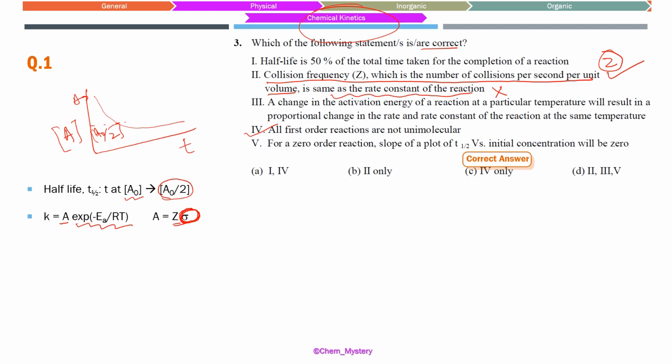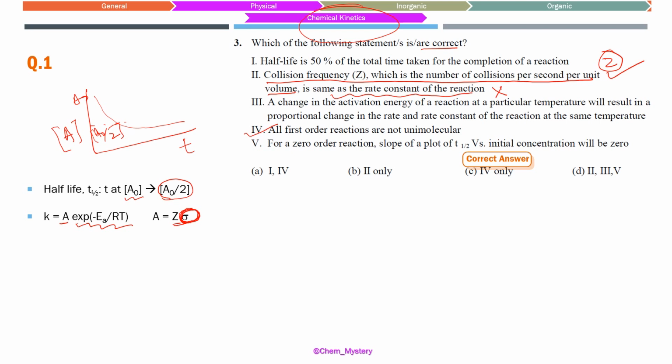Going to the third statement: a change in the activation energy of a reaction at a particular temperature will result in a proportional change in the rate and rate constant, at the same temperature.